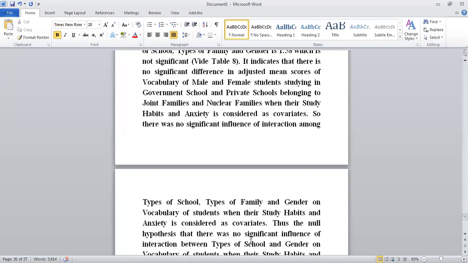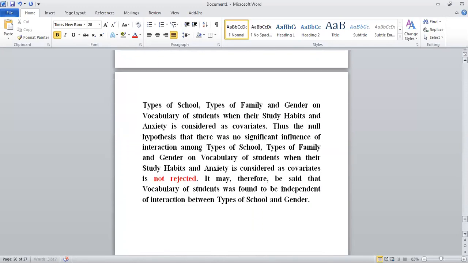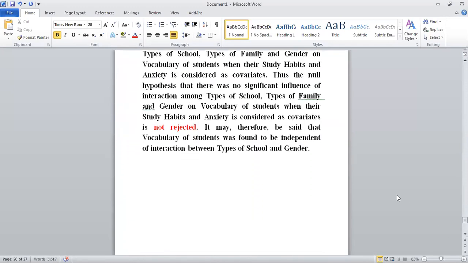Thus, the null hypothesis that there is no significant influence of interaction among types of school, types of family, and gender on vocabulary of students when their study habits and anxiety considered as covariate, is not rejected.